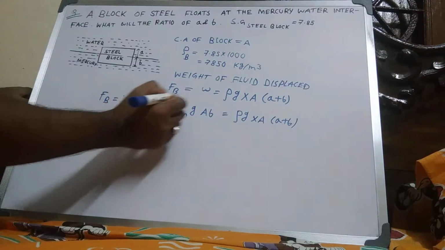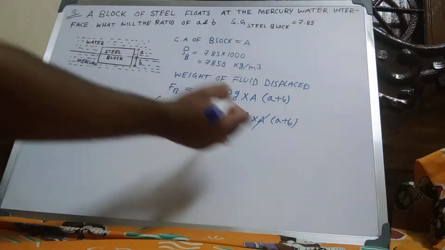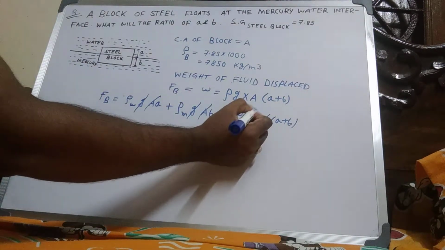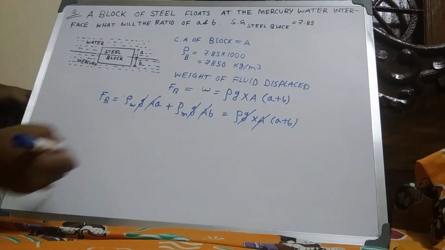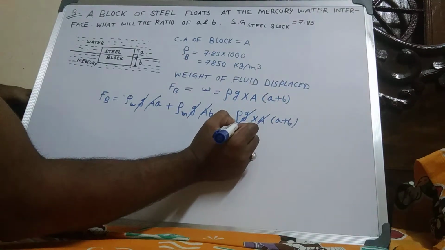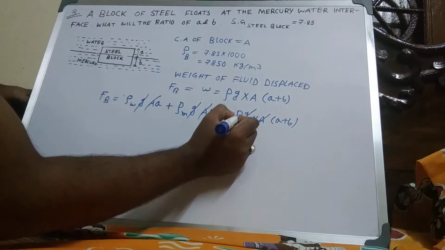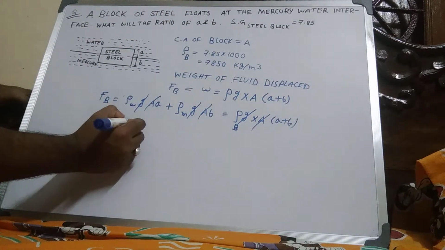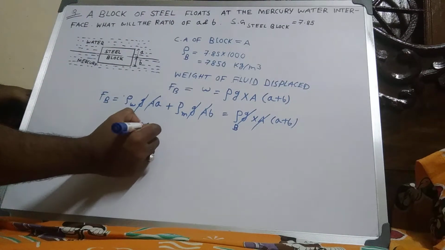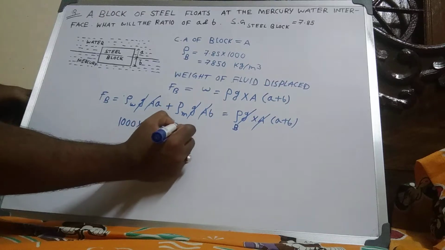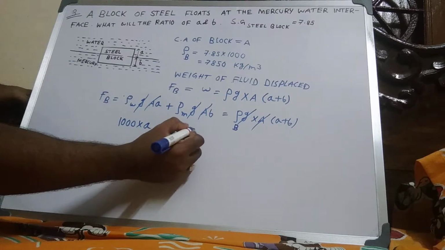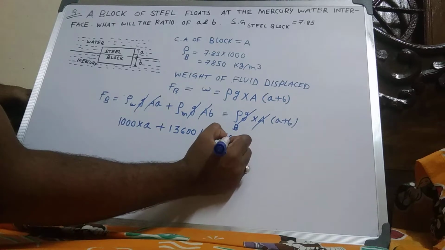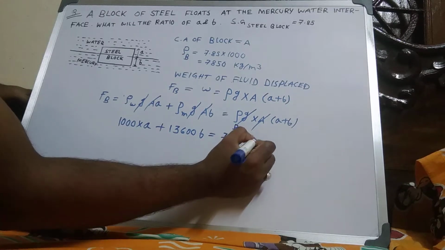So A cancels out, g cancels out. This is the density of the block. Water density is 1000 into a, mercury 3600 into b, equals 7850 into a plus b.